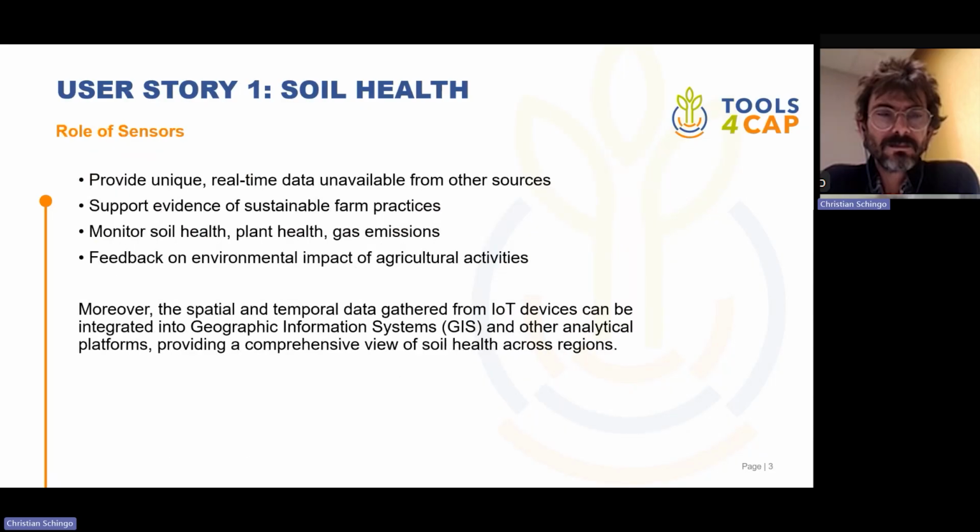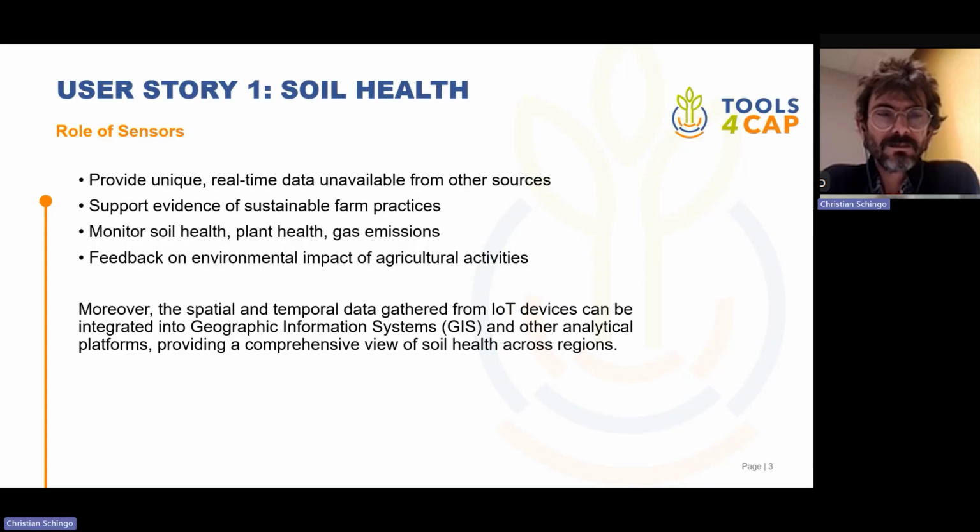What are the roles of the sensors for the soil health? Well, the sensors are useful especially to provide unique and real-time data unavailable from other sources. Talking about soil parameters, I would like to recall the attention to the fact that most of the analysis on the soil parameters passes through laboratory analysis.